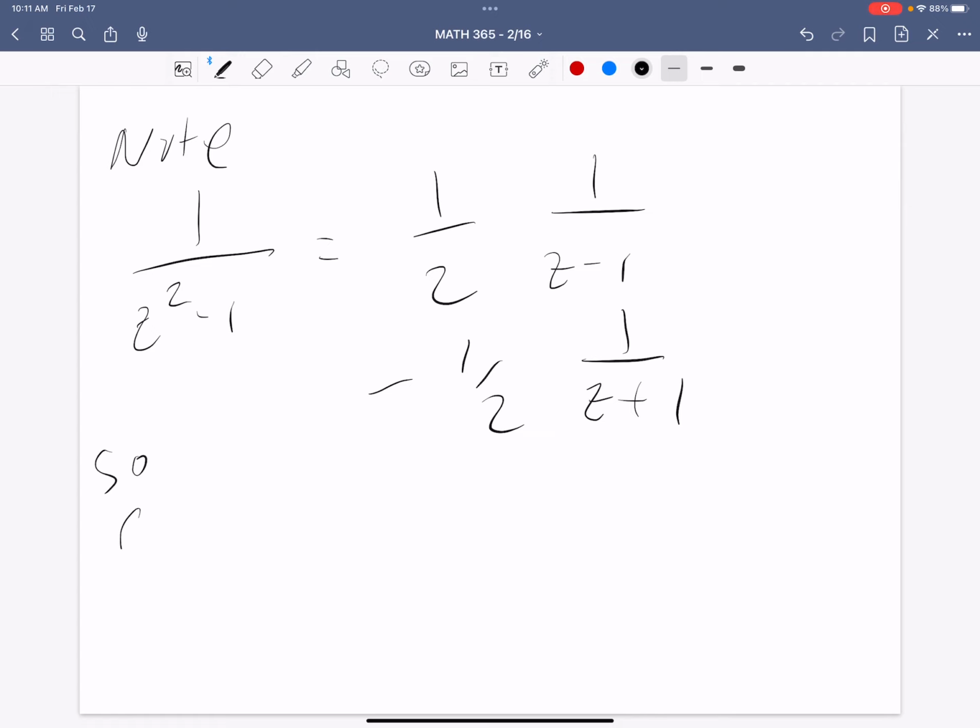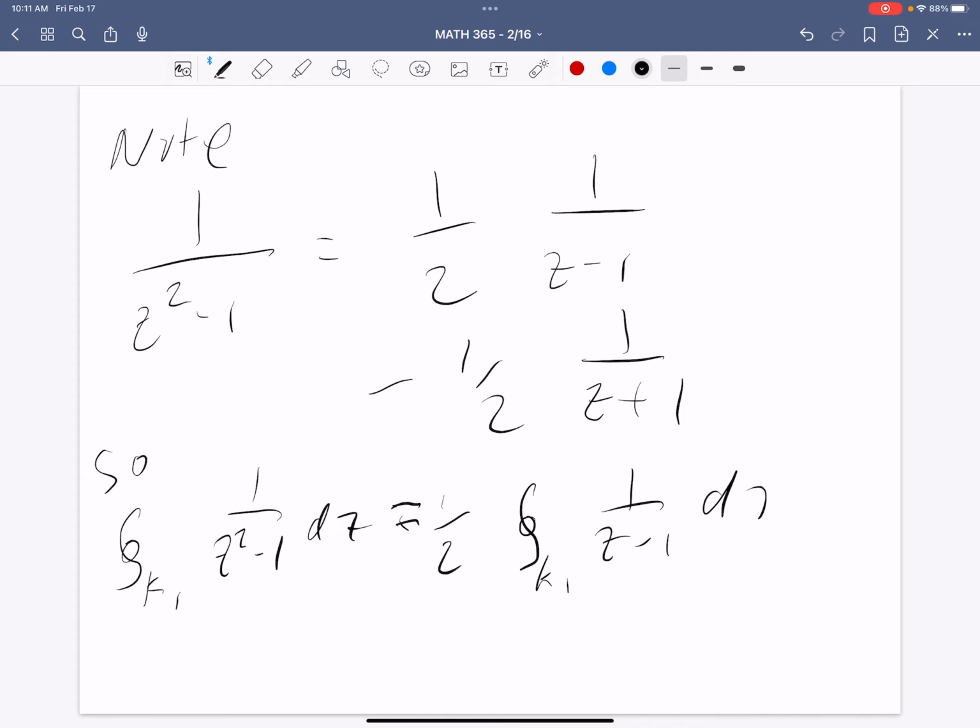So, if I wanted to, say, do the integral on k1 of 1 over z squared minus 1 dz, all right, and as we noted, integrals split up the way you think they should. I am trying to draw a circle before I draw the integral, so let me get that going. K2, 1 over z plus 1 dz.